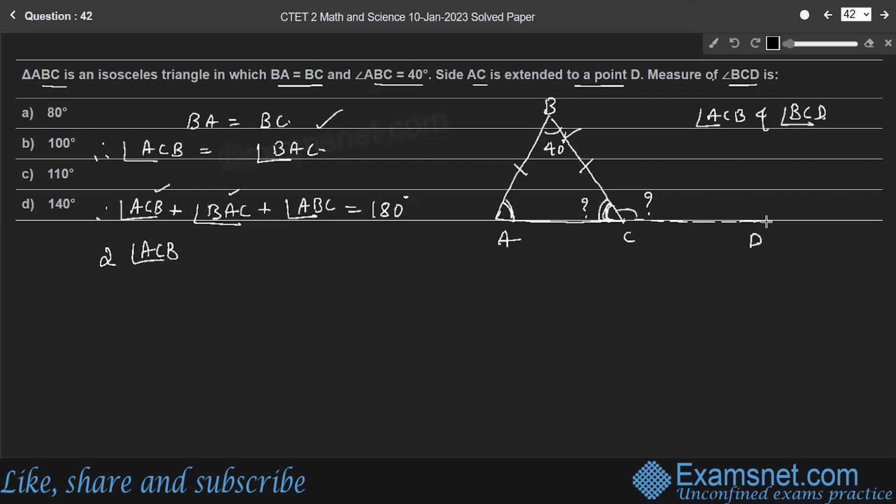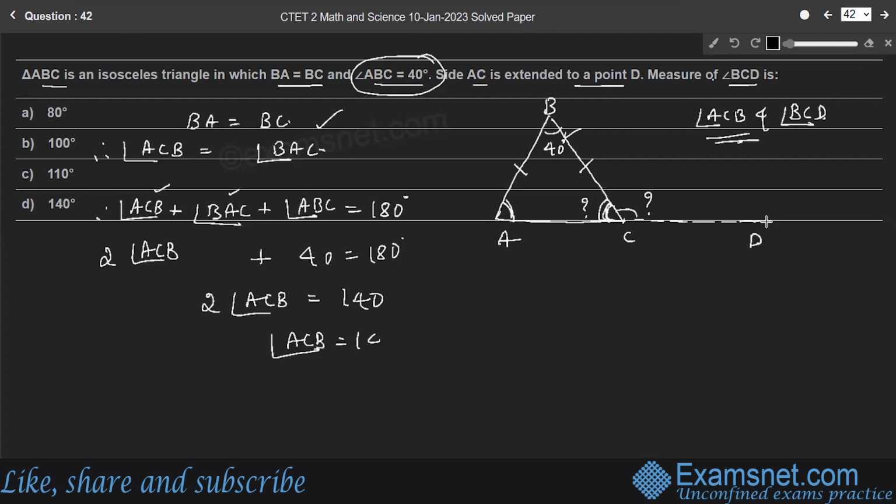Therefore 2 times ACB plus angle ABC, which is given already as 40 degree, is equal to 180 degree. Therefore 2 times angle ACB is 180 minus 40, which is 140. So angle ACB is 140 by 2, which is 70 degree, right?